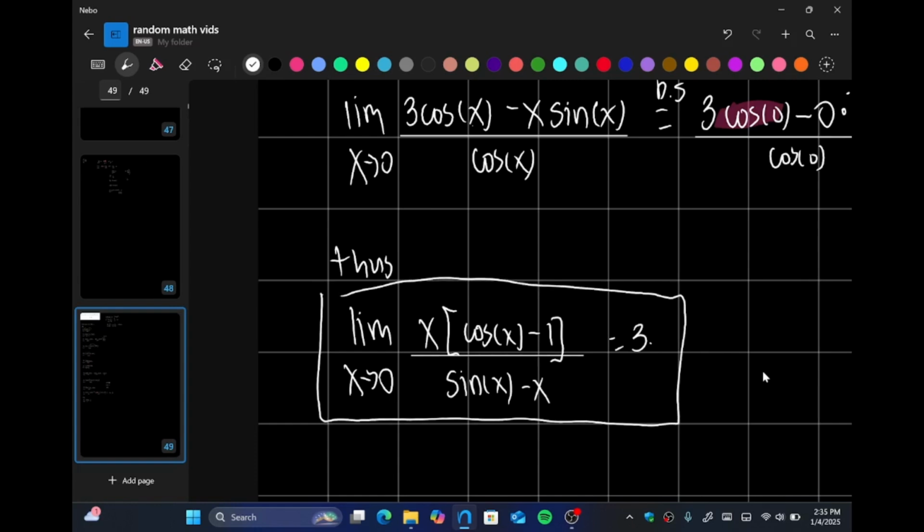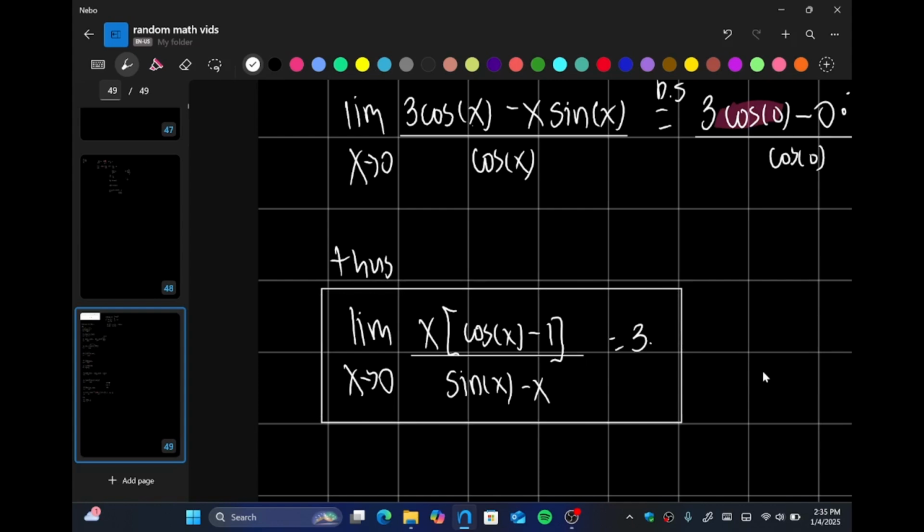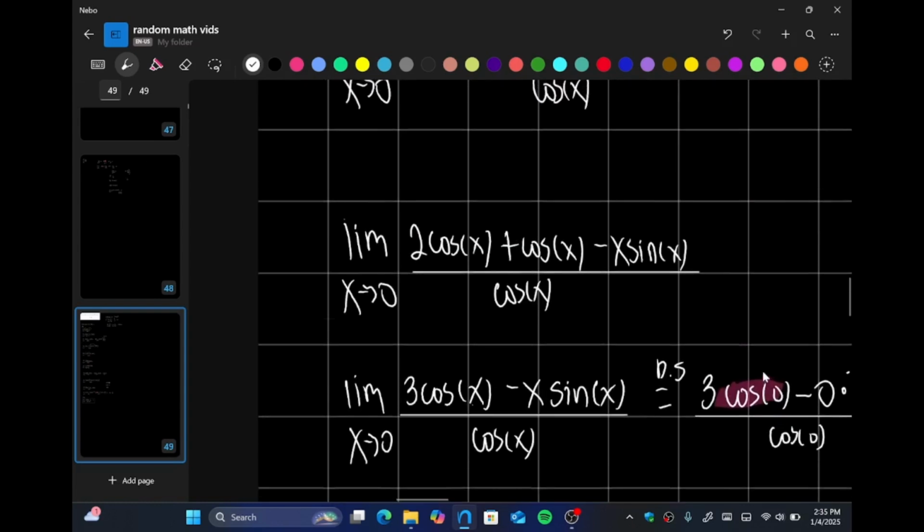And that, guys, is our final answer to this problem. I know that was a very tedious problem. I'm so sorry if I made a mistake at some point. But as y'all can see, I also mess up. But with that being said, guys, that is how we find this limit by L'Hopital's rule.